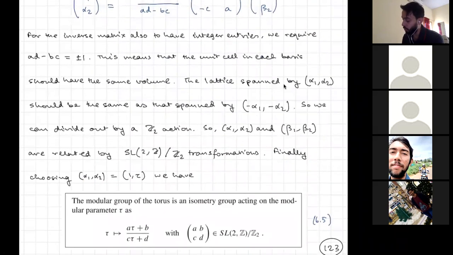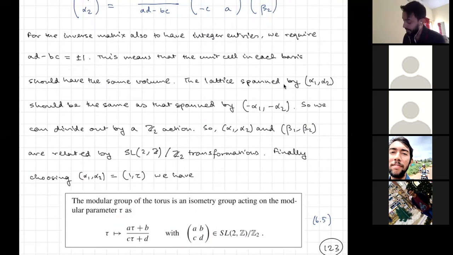And then the modular group of the torus is a group acting on this modular parameter tau, as tau goes to a tau plus b by c tau plus d, where a, b, c, d are such that this is a matrix in SL2Z modded by Z2.